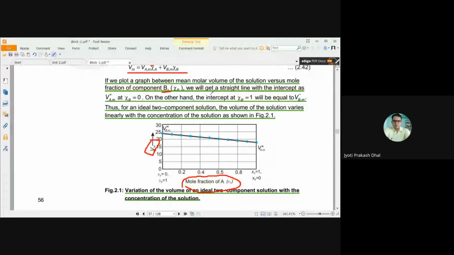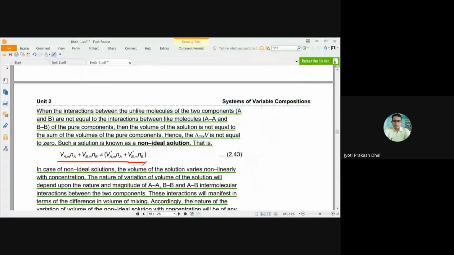At chi B equals 0, that means the mole fraction of B is 0, only the pure component A will be there. So on the right side y-axis, the intercept will be VAM star, and similarly when the mole fraction of A is 0, only the pure component B is there, and the intercept will become VBM star. So this is for an ideal solution.